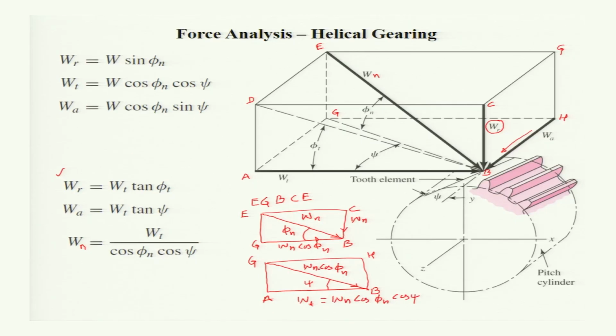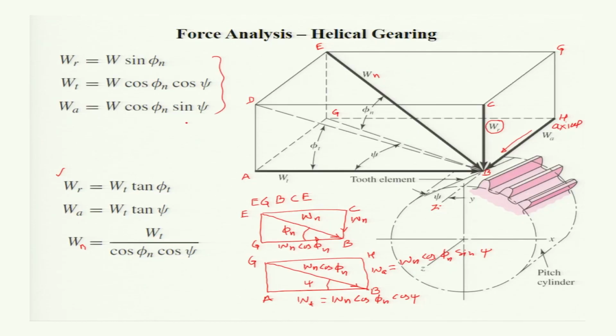And along the HB, the component of this Wn cos phi n along the HB is the axial direction. It is along the axis of rotation and along the z direction. This is the z direction, isn't it? So, along the axial direction you will get Wa, and its value is Wn cos phi n and sin psi, which is given here.